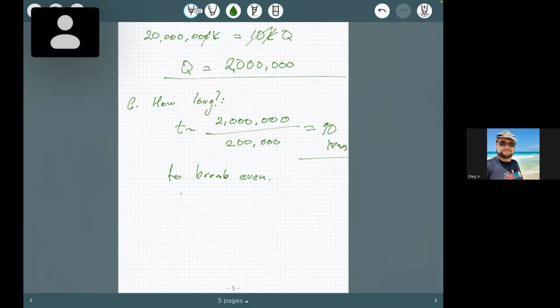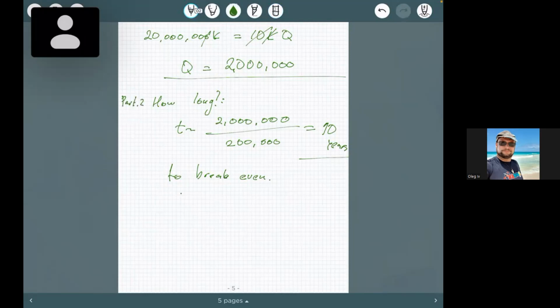Quite a long time. That's more or less realistic numbers for such businesses as car manufacturing. However, it's quite profitable, so it's worth the wait. Now, let me not call it B, let me call it part 2, something like this.